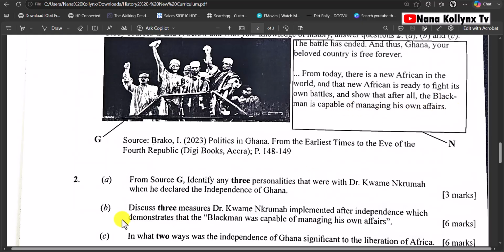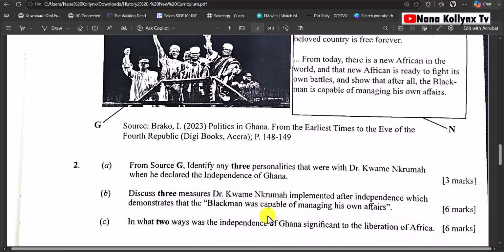So here they are asking you from this source that Nkrumah said, discuss 3 measures that Nkrumah implemented after independence, that demonstrate that the black man was capable of managing his own affairs. So basically, they're asking you to talk about what? About Nkrumah, the achievement. I've just given you a tip-off.